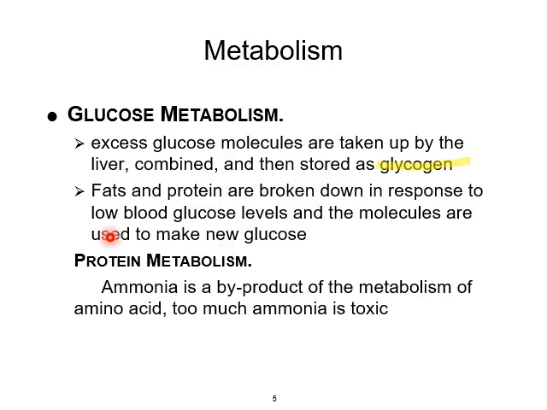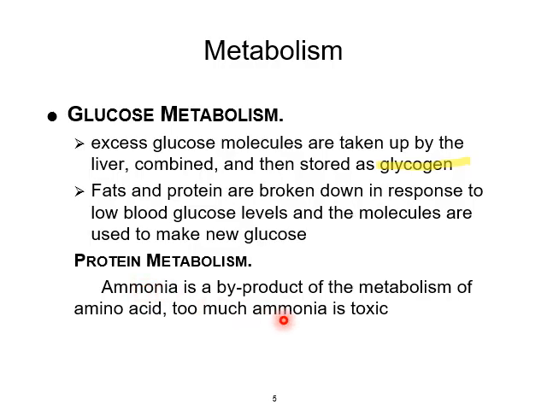The protein metabolism, ammonia. Whenever the body starts the metabolism of protein, there is a byproduct, and that byproduct is called ammonia, and this ammonia is acidic, and it's toxic in the body.